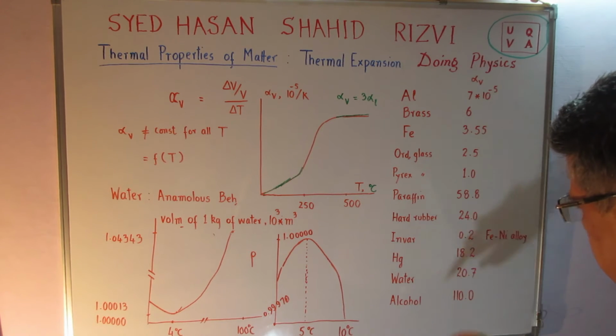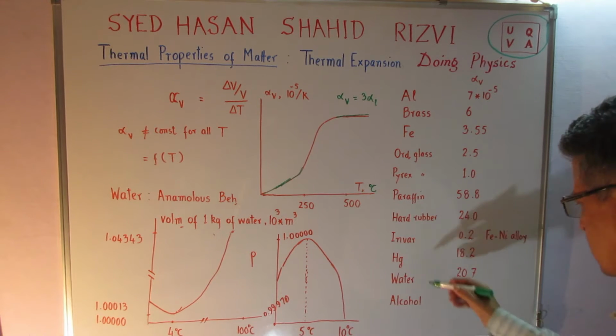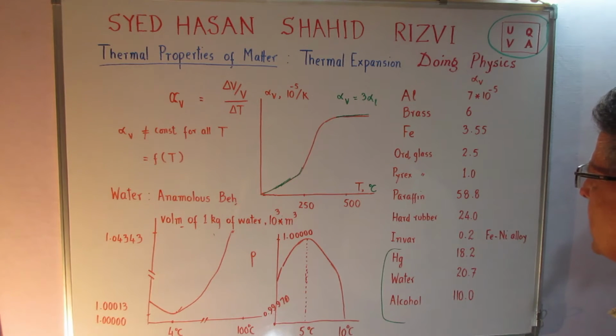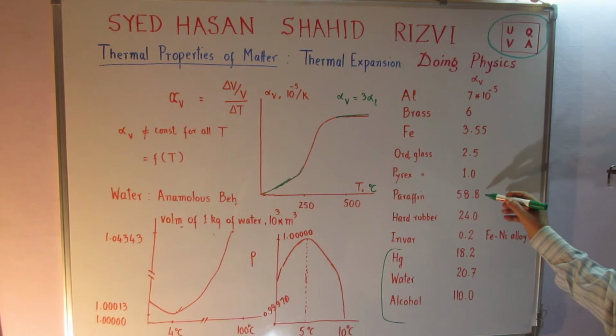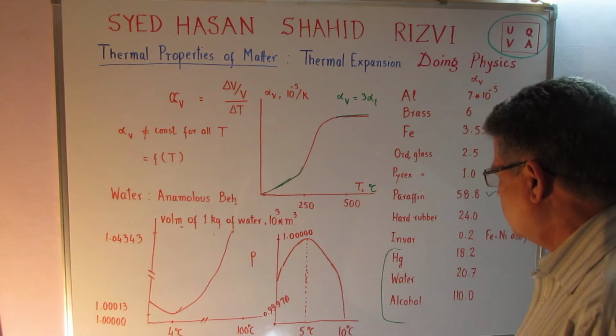So we can see that among these various substances, three of them are found in the liquid form, and paraffin is also kind of semi-liquid, as it has a very low melting point.